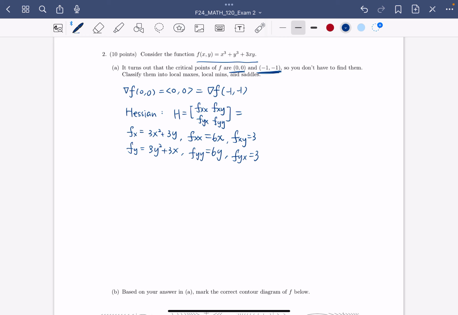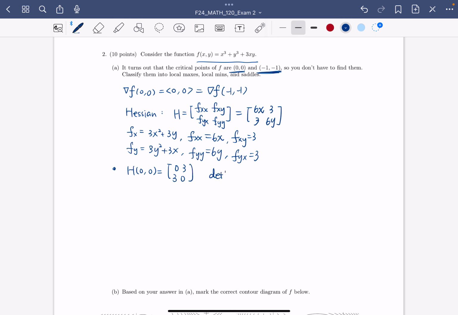So we know the Hessian matrix equals [6x, 3; 3, 6y], and at (0, 0) the matrix looks like this.